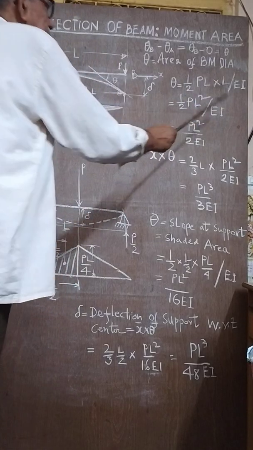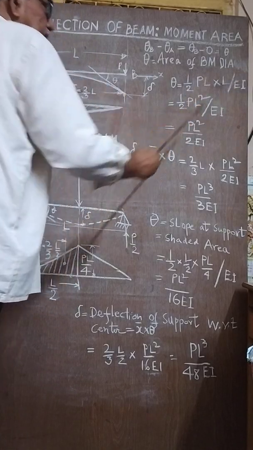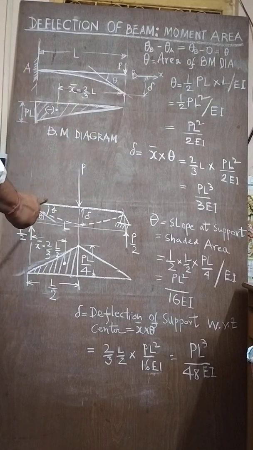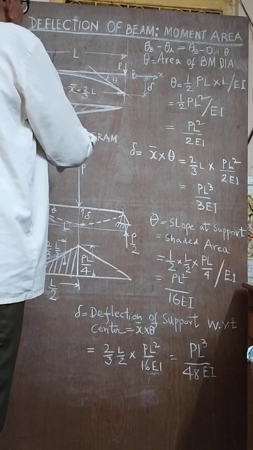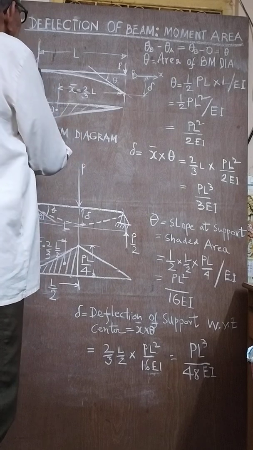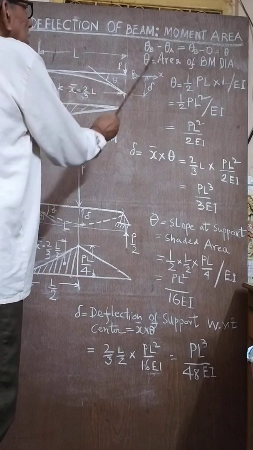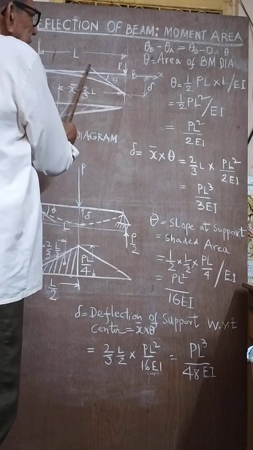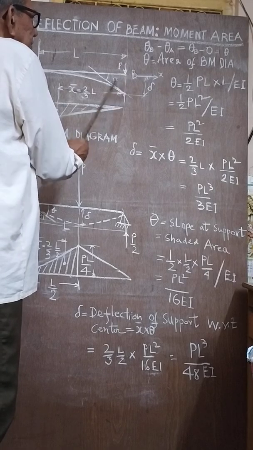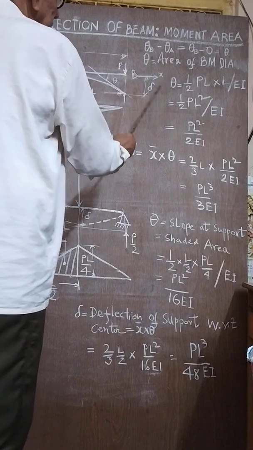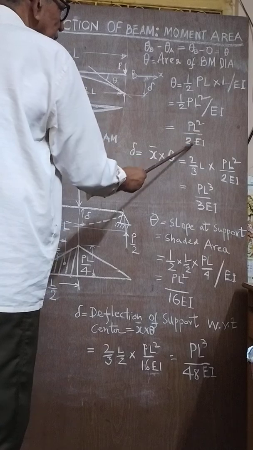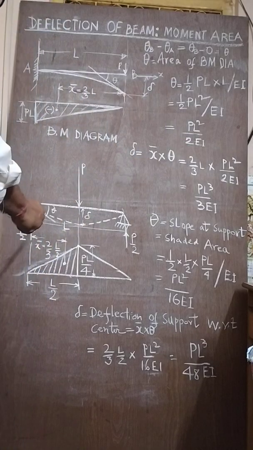EI is the flexural rigidity of the beam, very important for any deflection curve. So theta is the angle between the two; because the angle at A is zero, the angle at B, or the tangent at B, is theta. So theta is PL squared by 2EI.